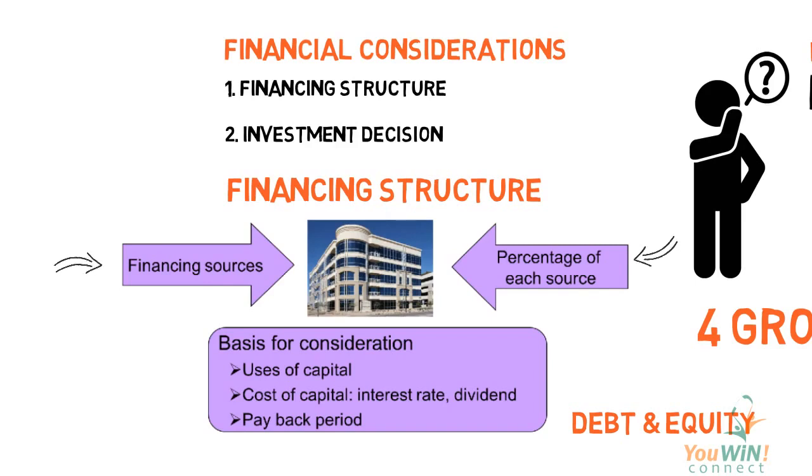So, in determining if a project would get capital from debt or equity, let's look at a few things that we can consider. First is what we're using the capital for. You use long-term sources of capital for fixed assets, especially long-term fixed assets.